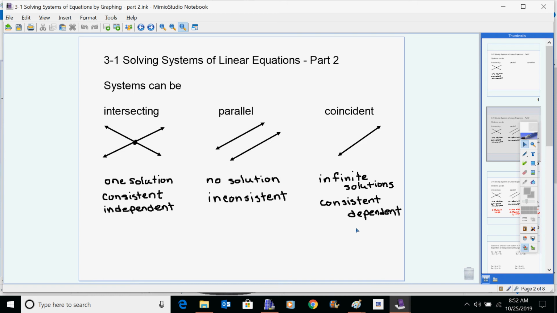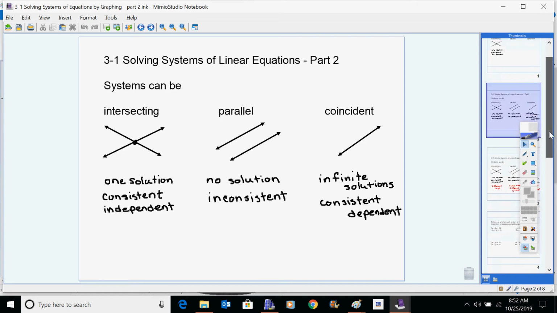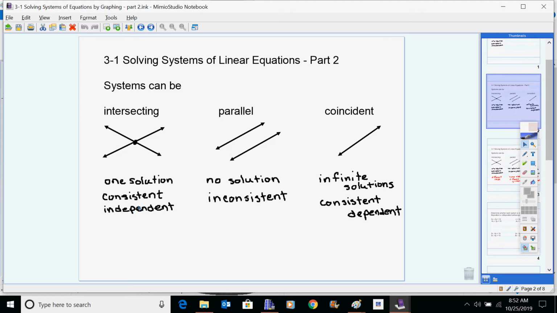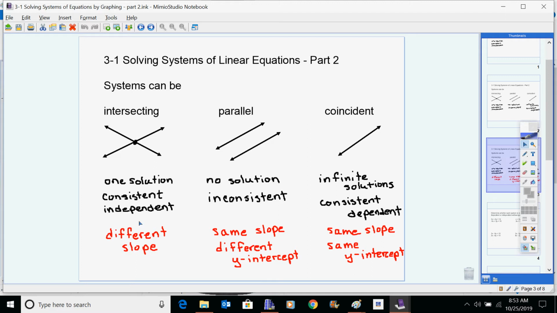We're going to figure out whether these are independent, inconsistent, or dependent based on what the slope-intercept form, the mx plus b, comes out to be. When something is independent, they're going to intersect, and that means their slopes are not equal. It doesn't matter if they're perpendicular; it just means their slopes are not equal. Different slopes tell you it's independent, in other words, that there's one solution.